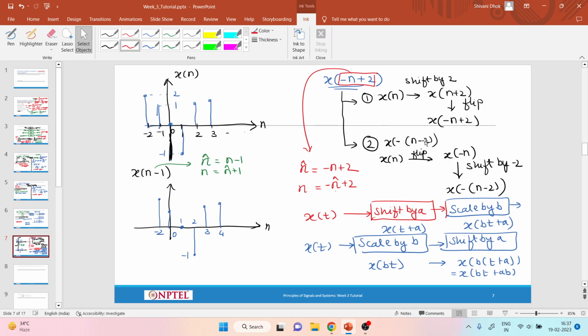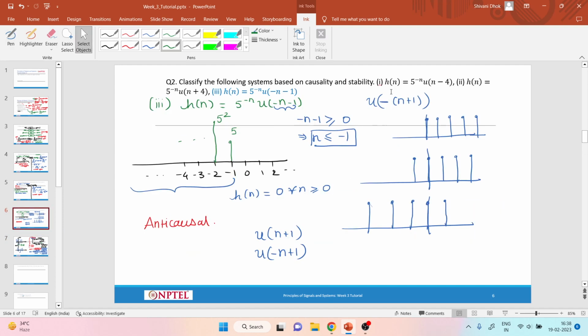Second point here, this one, you are having x of minus of n minus 2. So first you have to flip and then shift. If you bring your signal in this fashion, first you scale by a and then shift by b, or shift by minus b.